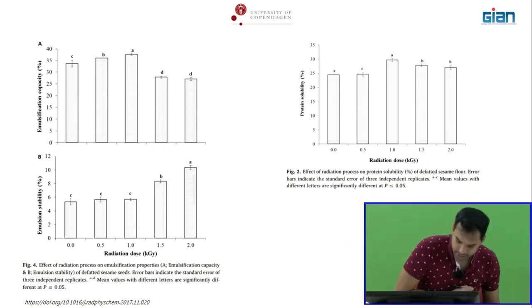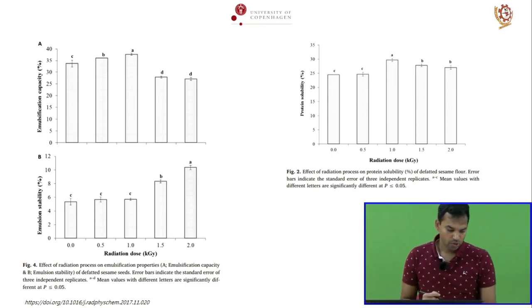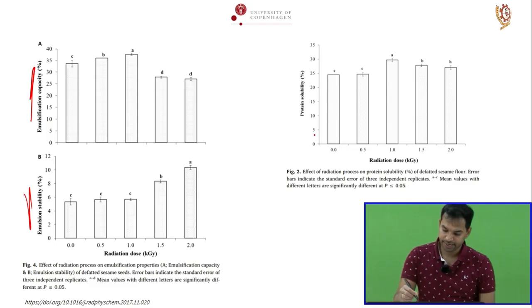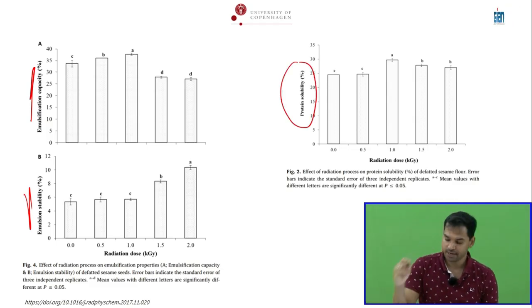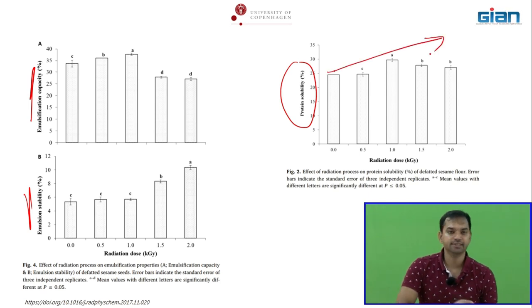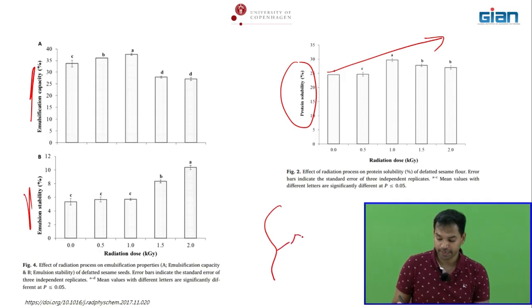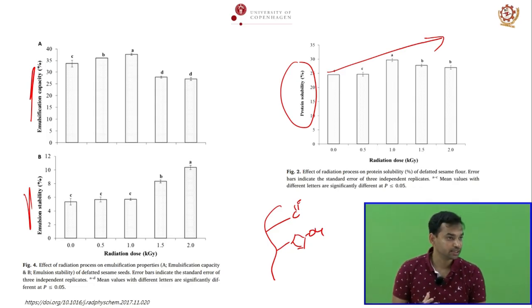And here is another paper. They show how emulsification capacity, emulsion stability and protein solubilities are changing with respect to gamma treatment. In this case, increasing the radiation dosage increases the solubility of the protein. Again, probably because you are getting more and more hydroxyl groups, or you're making more and more carbonyl groups because of protein oxidation, and they will change the solubility of the protein.